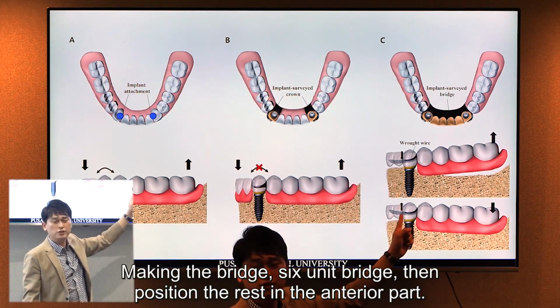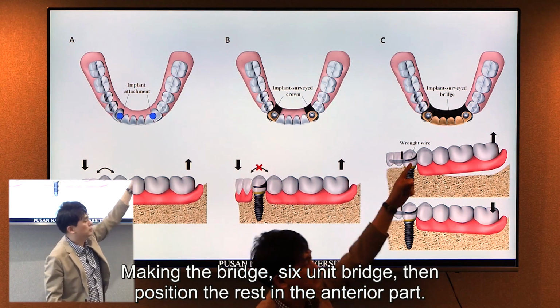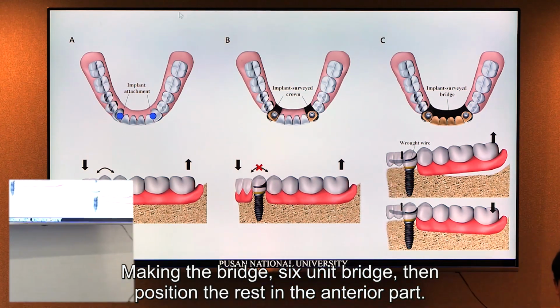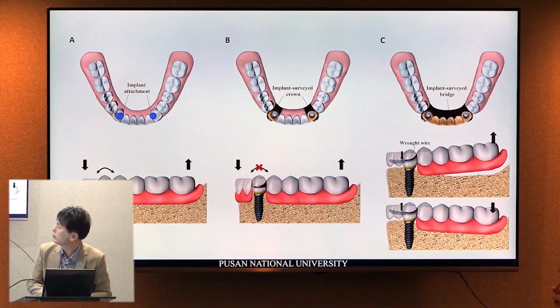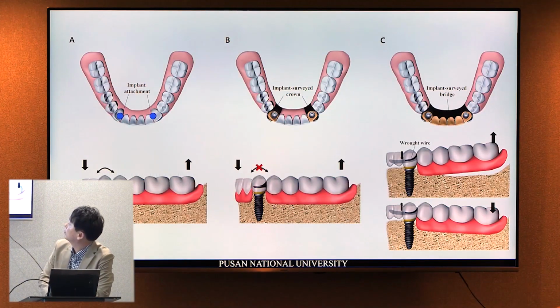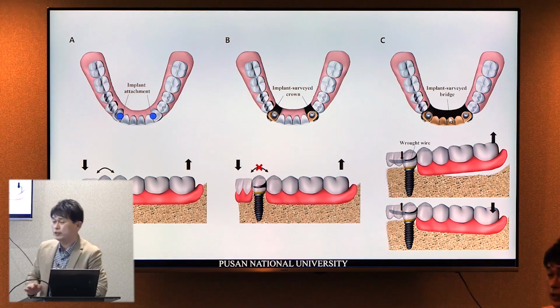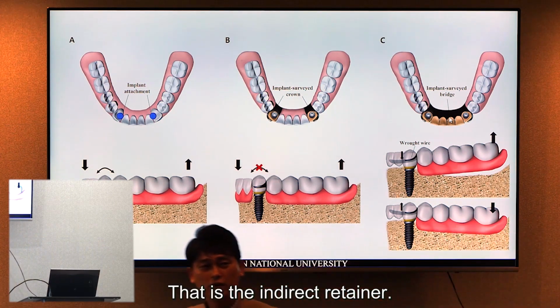Making the 6-unit bridge, and then positioning the rest in the anterior part. This part, you made a rest seat. So that is the indirect retainer.